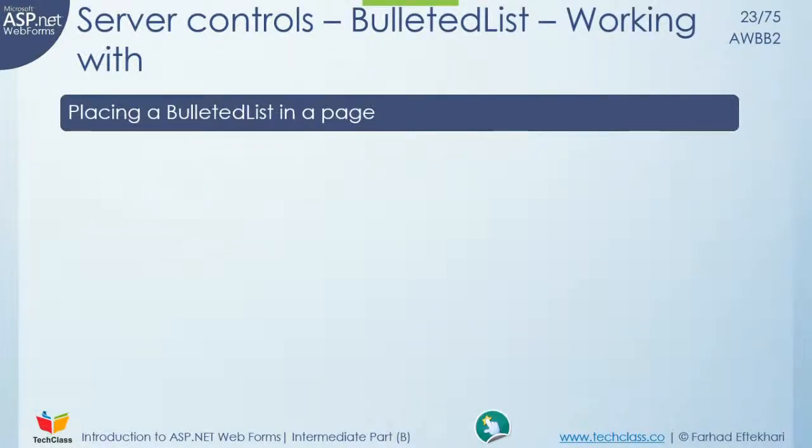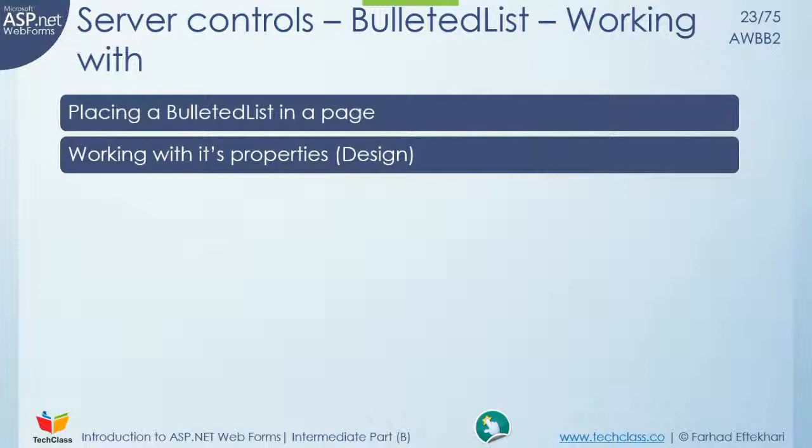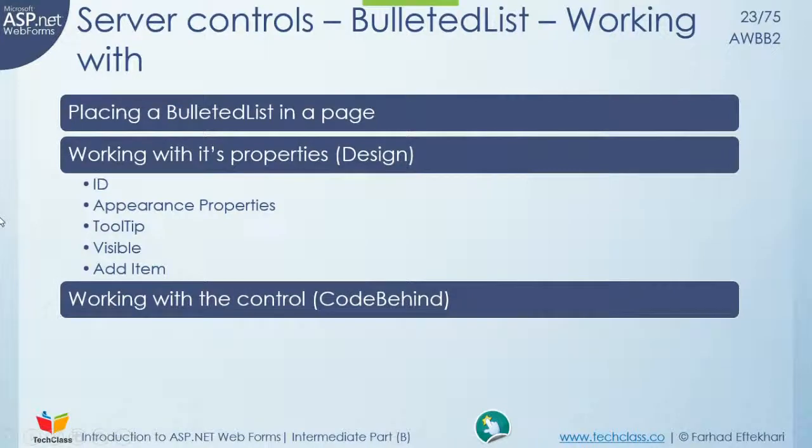So now we're going to work with this bulleted list and put it inside of a web form page, and then here are also the same properties that we worked earlier, and then we have this new add item part that we're going to work with.